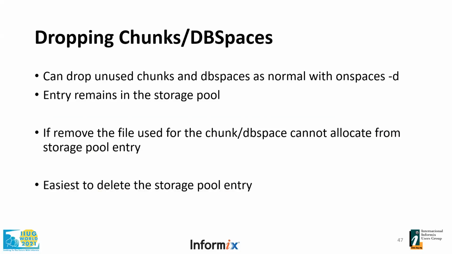So if I had a 6 gig file with 3 chunks of 2 gig each, and I return all those to the storage pool, instead of having 3 separate entries of 2 gig, we'll have 1 entry of 6 gig.